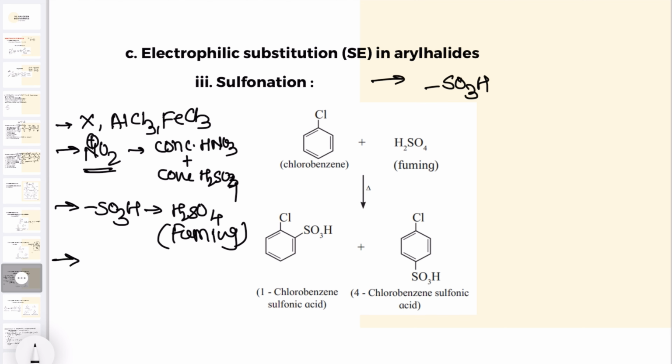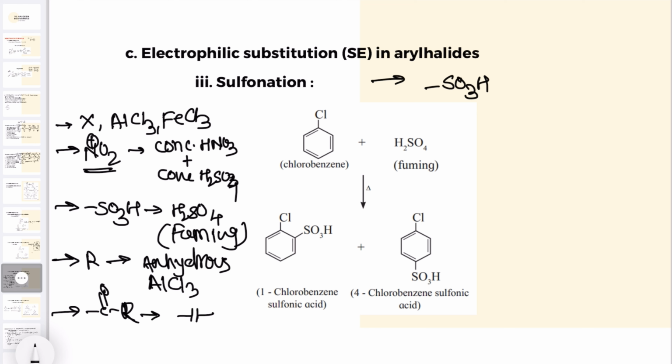Then next is Friedel-Crafts alkylation. Any alkyl group is added to the aromatic system in presence of anhydrous AlCl3, and if we add the acyl group COR, then again we use anhydrous AlCl3 as a reagent.